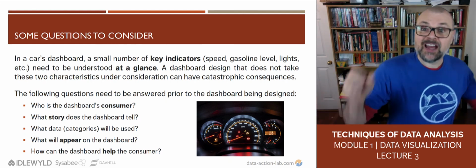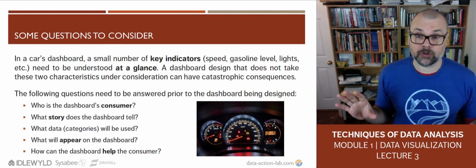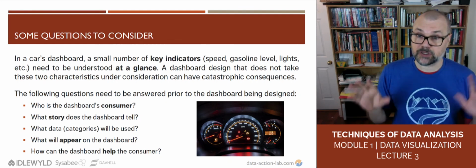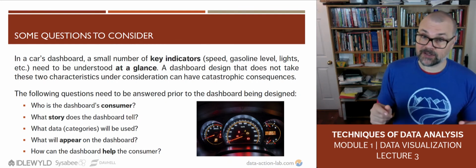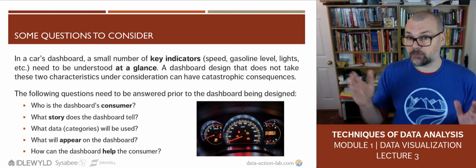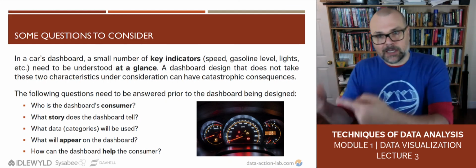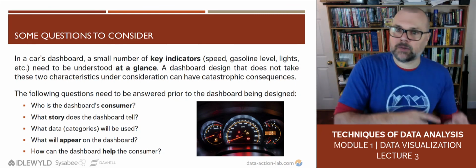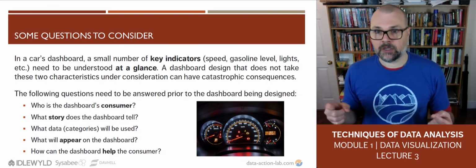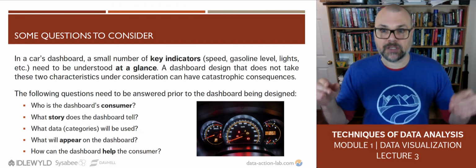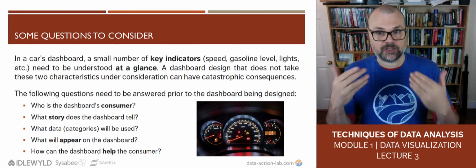If you have 50 charts on the dashboard, you probably have killed your chances of being able to tell what happens at a glance. So you have to have a minimal number of charts. You still need to be able to tell the story, but in a way that will be able to be parsed. Too much information destroys the purpose, which is to help people monitor situations at a glance.